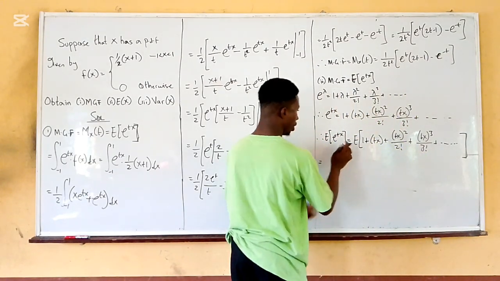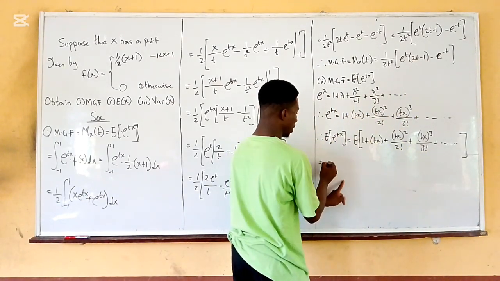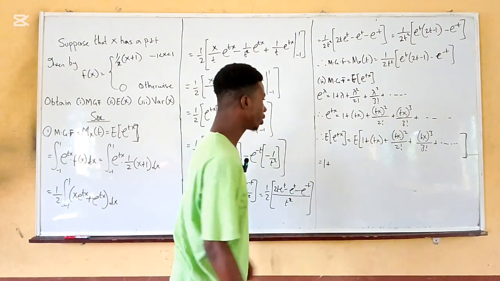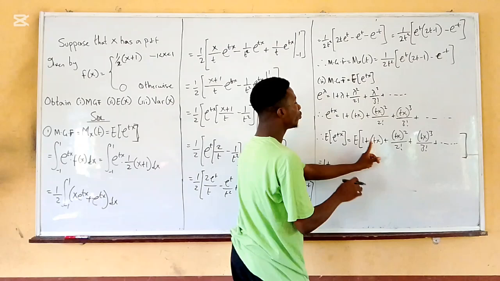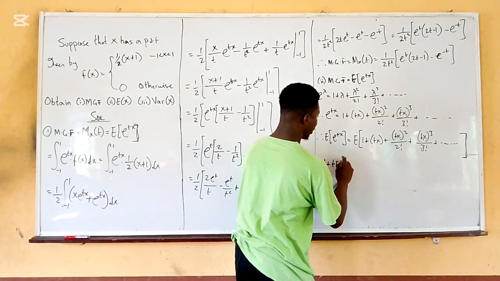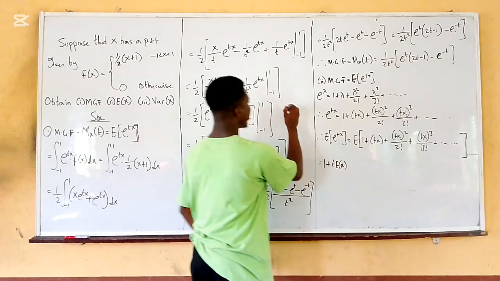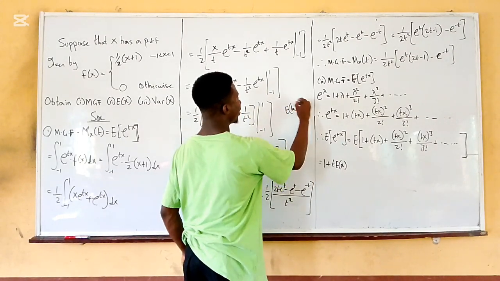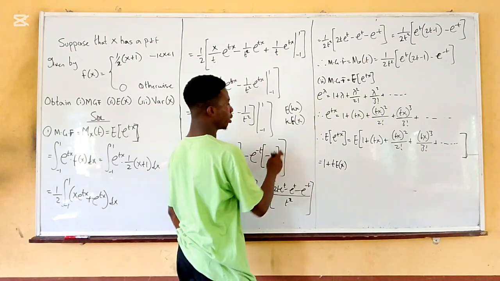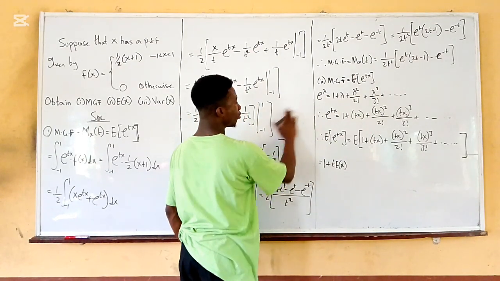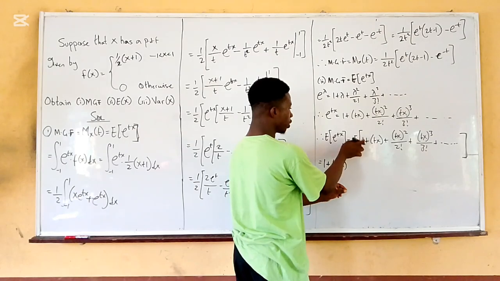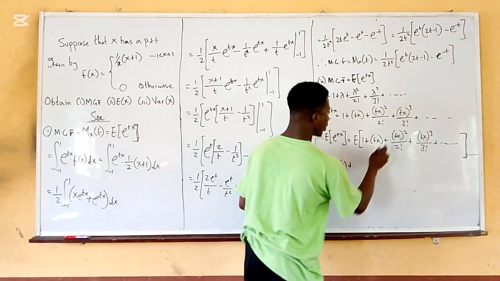The expectation of 1 is 1, because the expectation of a constant is a constant. Now, the expectation of Tx will be T times the expectation of x. Remember that the expectation of a constant times x is the constant times the expectation of x, so the same thing applies here. T is a constant, so T will come out, and we are left with the expectation of x, plus this one.